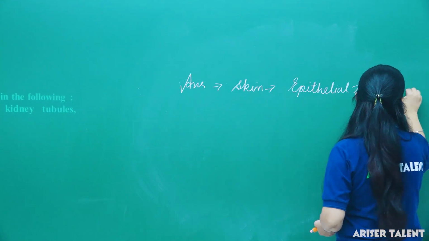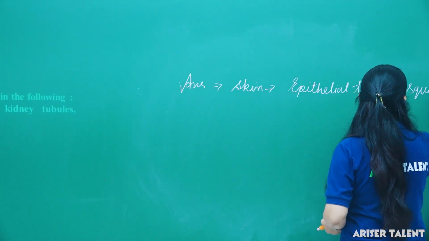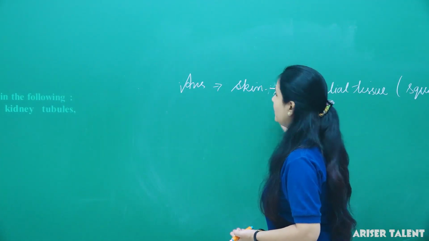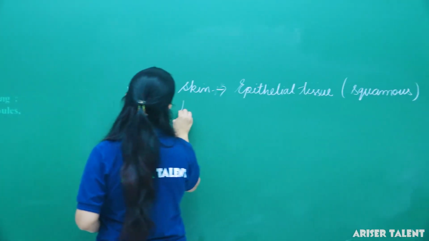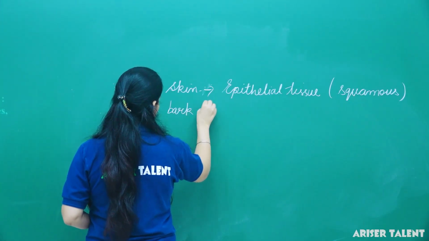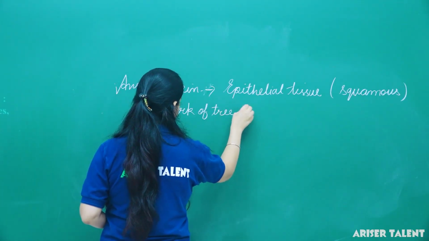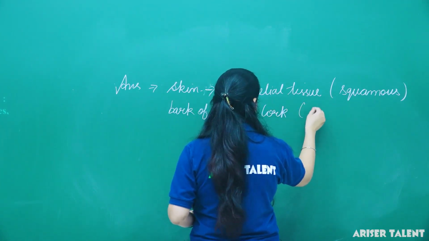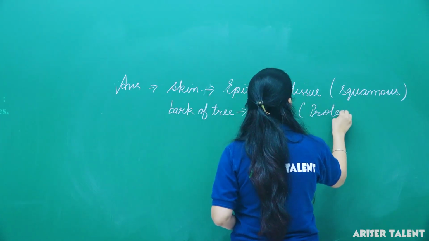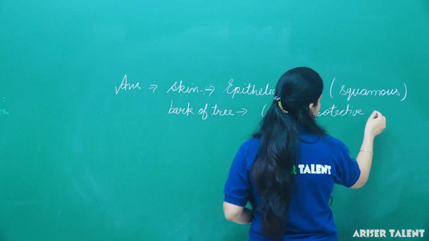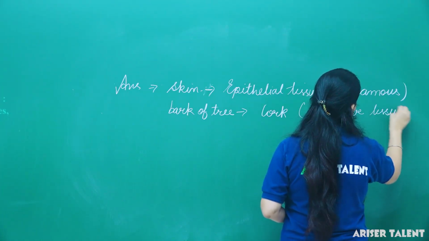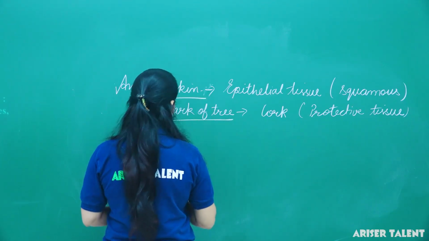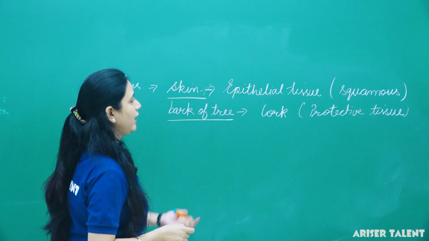It is squamous epithelial. Next is bark of tree, cork. The bark of a tree is cork, also known as protective tissue because it protects the internal parts. So, skin has epithelial tissue, and the bark of a tree has cork.